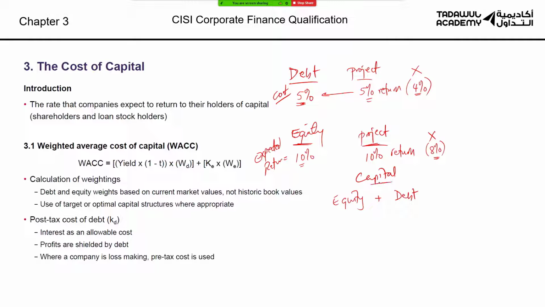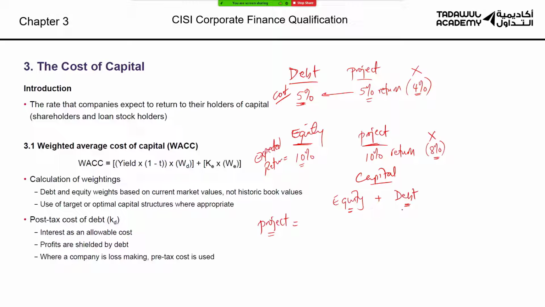So if you have a certain project that you are investing in, and that can be, again, a company you are acquiring, a stock you're investing in, and you are financing that project by borrowing and by using your shareholders' equity, then your cost of capital is both the cost of debt and the cost of equity.